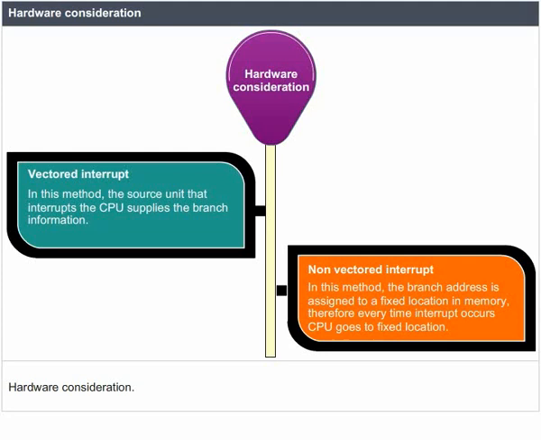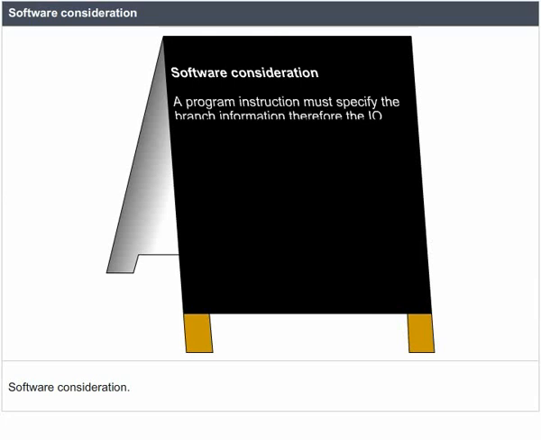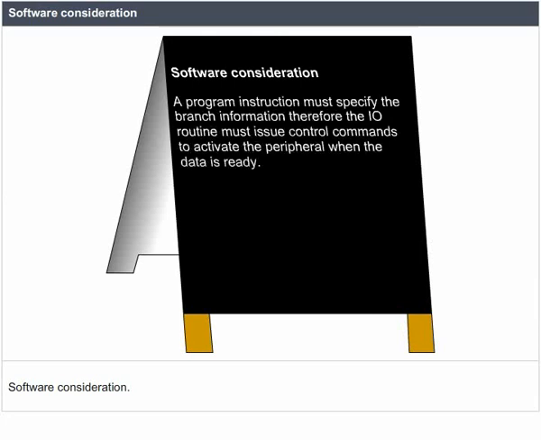Therefore, every time an interrupt occurs, the CPU goes to the fixed location. Software consideration: a program instruction must specify the branch information. Therefore, the input-output routine must issue control commands to activate the peripheral when the data is ready.